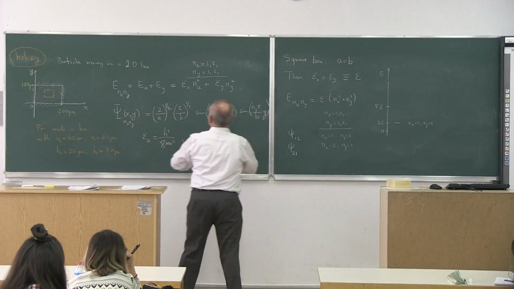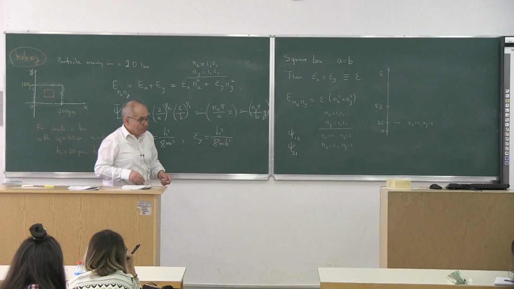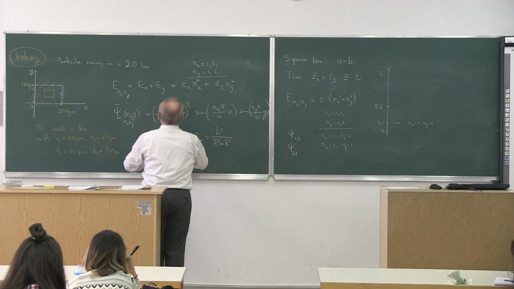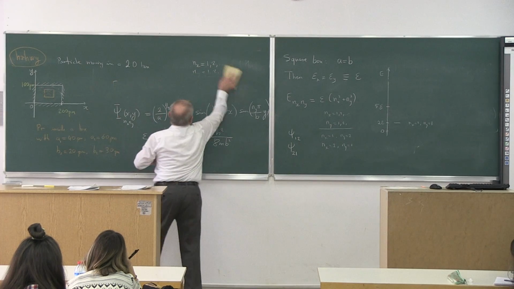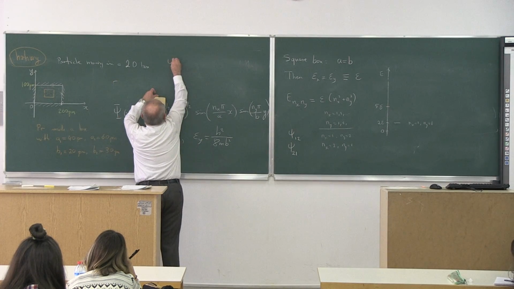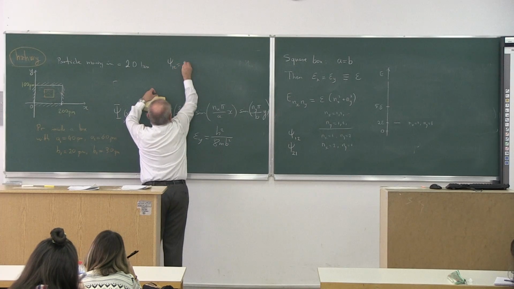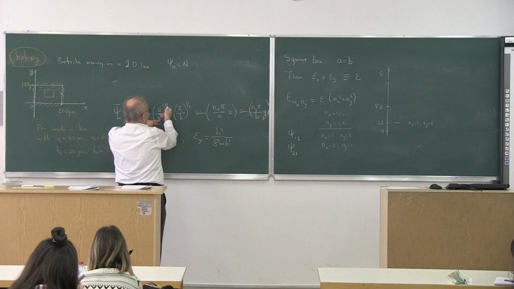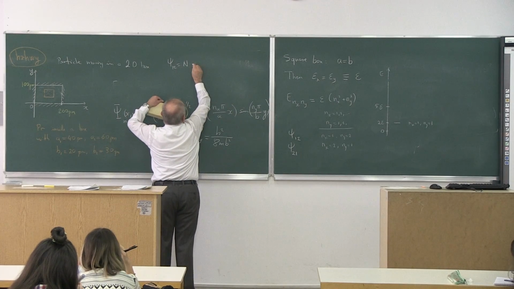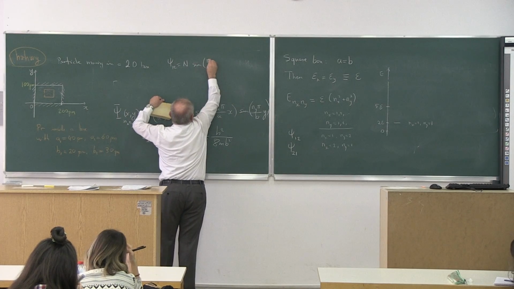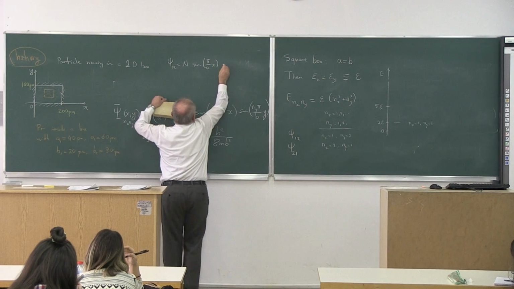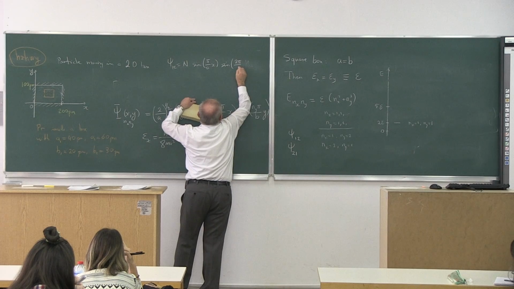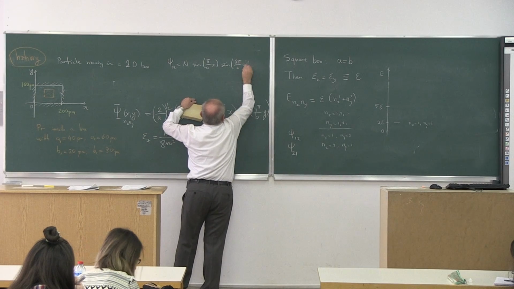Psi 1, 2 is a constant, that times that, in fact it is the square of it, sine pi over a x times sine 2 pi over a y.